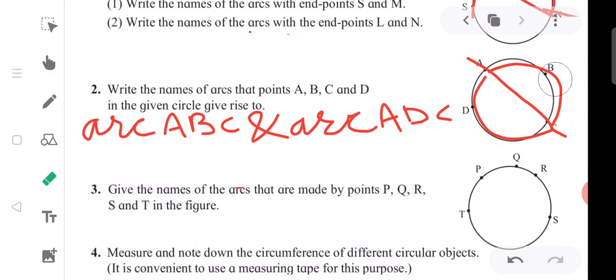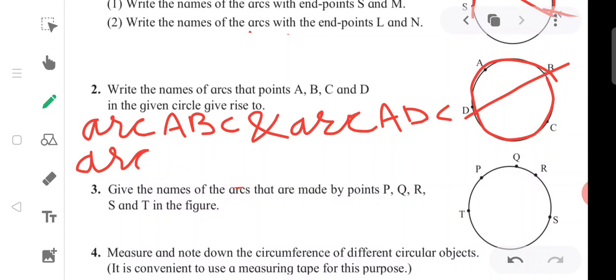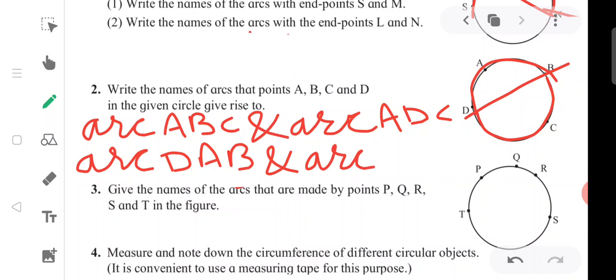And if we cut this circle on the points B and D, we again have two arcs, arc DAB and arc DCB. So in this way you can solve it or write the names of arcs.